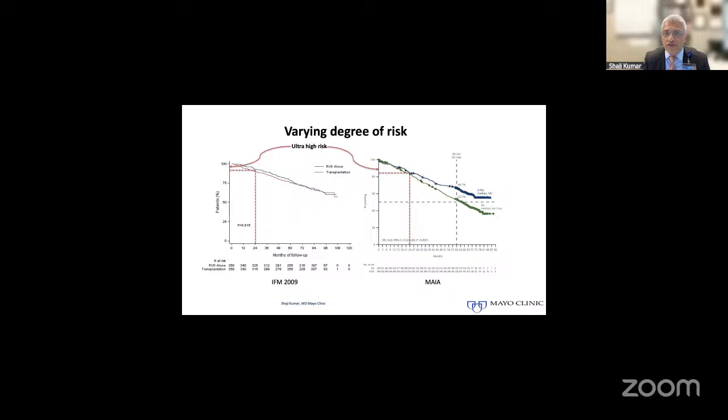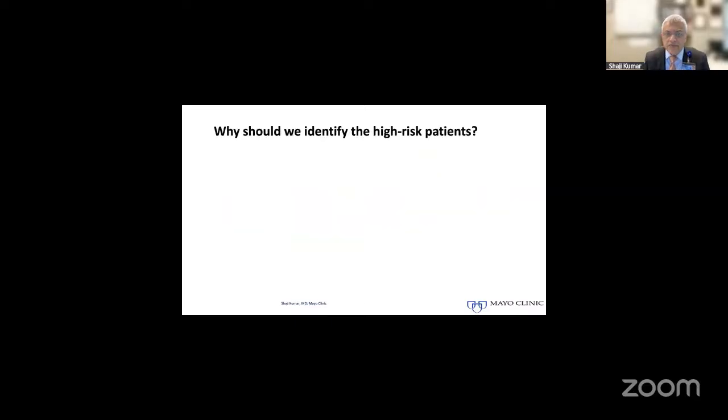These are the patients whom we often think about as having ultra high risk, whichever way you define it. Then the patients who may relapse within 4 years, maybe we can think about even them as high risk, given that the median survival with these regimens is often in excess of 6 to 8 years.